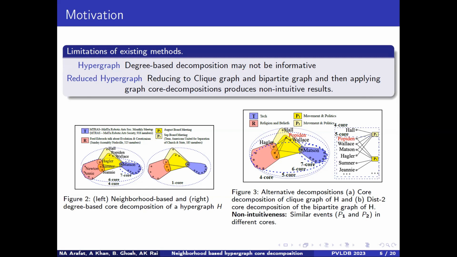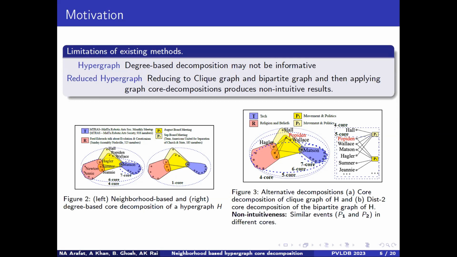Clearly, the degree and the number of neighbors of a node are different. As a result, degree-based K-core is different from neighborhood-based K-core. In fact, degree-based core decomposition cannot distinguish across these four events. They are all assigned to the same 1 core. However, neighborhood-based core decomposition can separate them into 7 core, 6 core, and 4 core respectively.